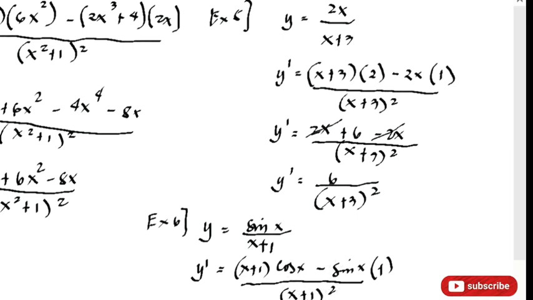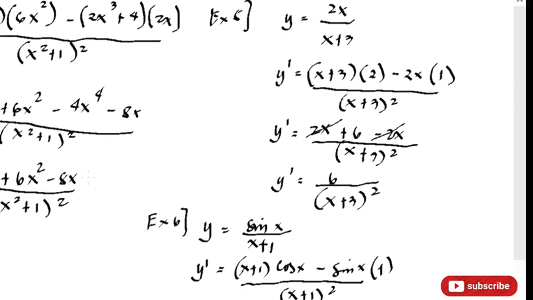If we simplify, we just drop the 1 here and that's the answer. So the derivative of sine x over x plus 1 is equal to the quantity x plus 1 times cosine of x minus sine x, over x plus 1, the quantity squared.